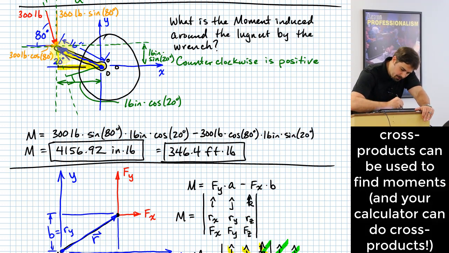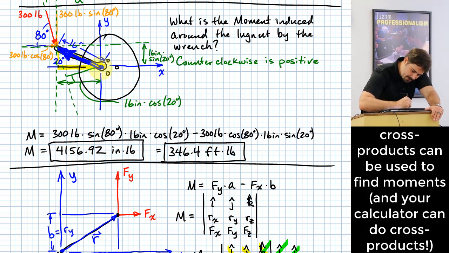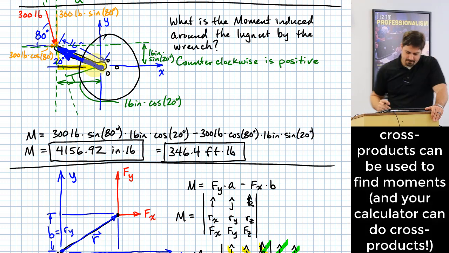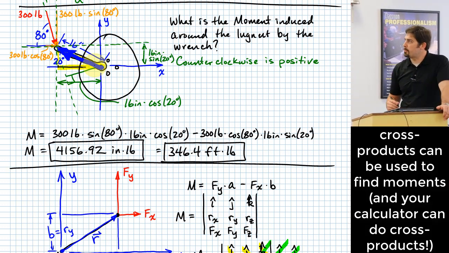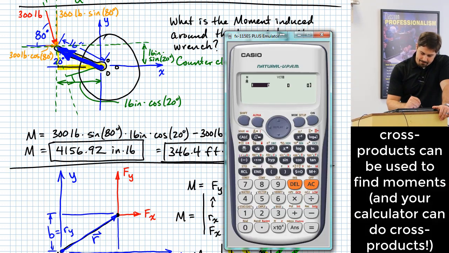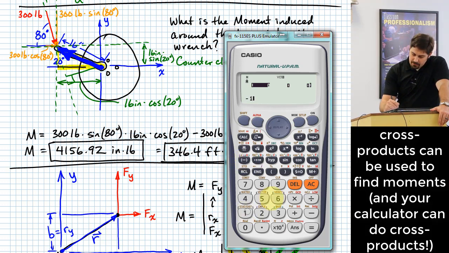Let me really emphasize this. This is the arrowhead right here. This is the vector that I'm finding. It starts at the nut and points out to where the force is being applied. You always put it that way. And that means that you point to the left from where the vector begins to where the head of the vector ends. That means this is going to be negative 16 times the cosine of 20.